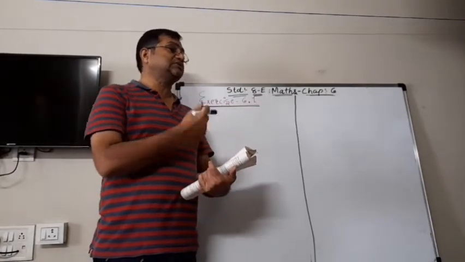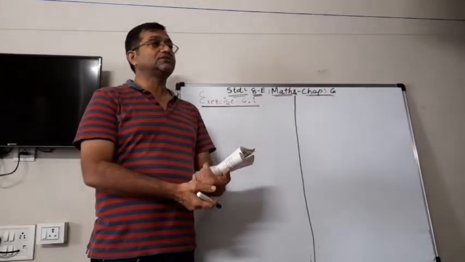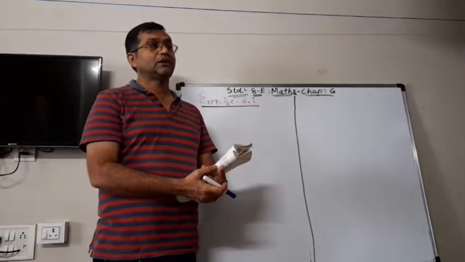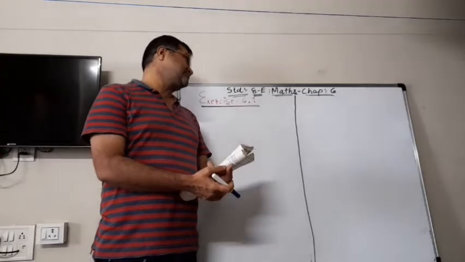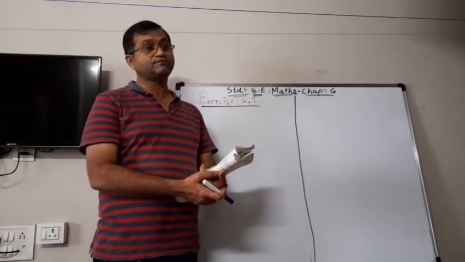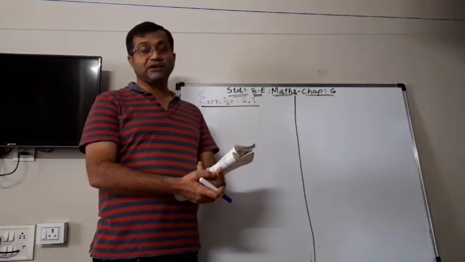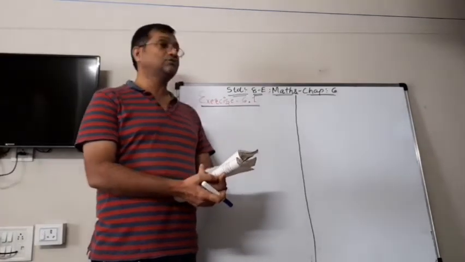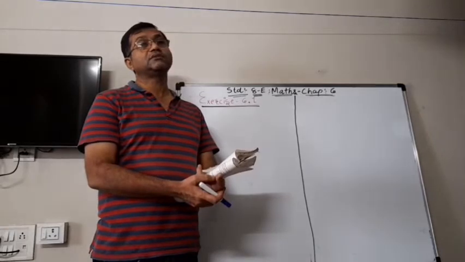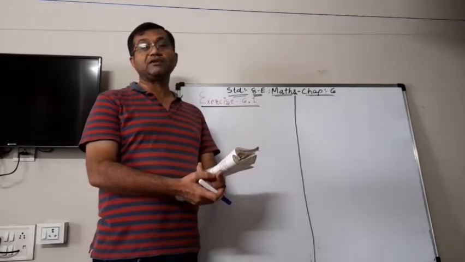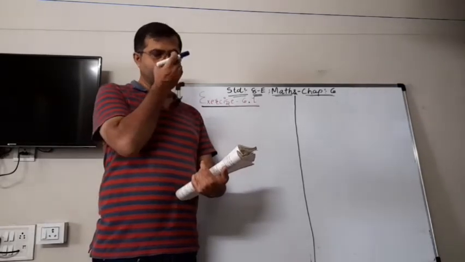Now using all that we learned, we are going to do exercise number 6.1, in which some of the sums I will explain to you, and the rest I will leave for your homework.